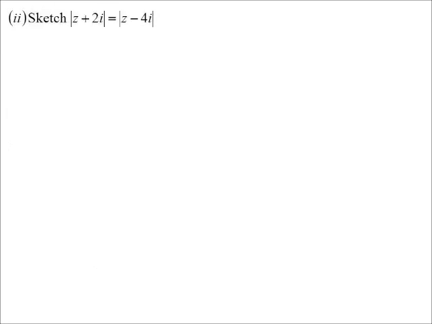Here's a really obvious one, as far as if you know it's the perpendicular bisector. Okay, because here it's a straight line. I know it's the perpendicular bisector. Have a look at the 2 points, though. We're saying the distance to 4 on the imaginary axis, so 4i, is equal to the distance to minus 2.